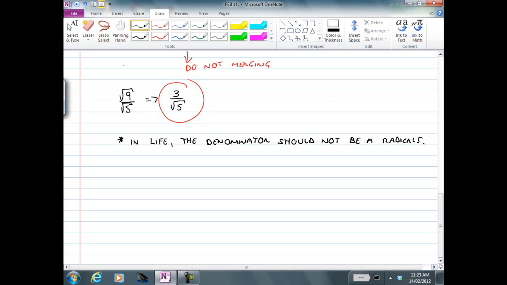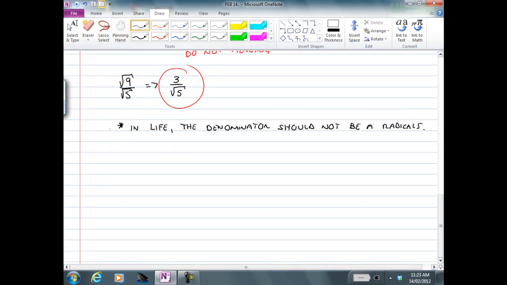I'm going to show you the 2 techniques of doing this. 2 ways to get rid of the radical in the denominator.